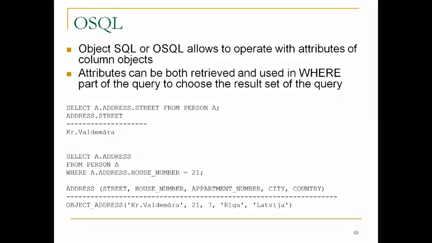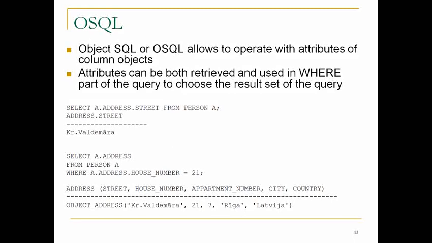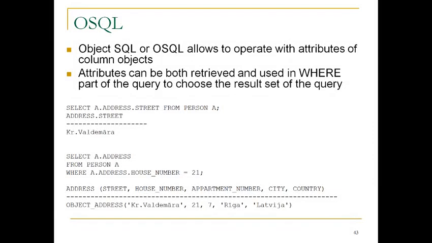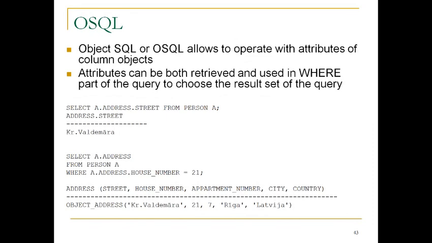And the theoretical notion behind these things, that we can address the attributes as we do, is the so-called Object SQL, or in abbreviation OSQL, which allows us to operate with attributes as with columns. Actually, as you can see, we do not care whether these are attributes of the higher level.